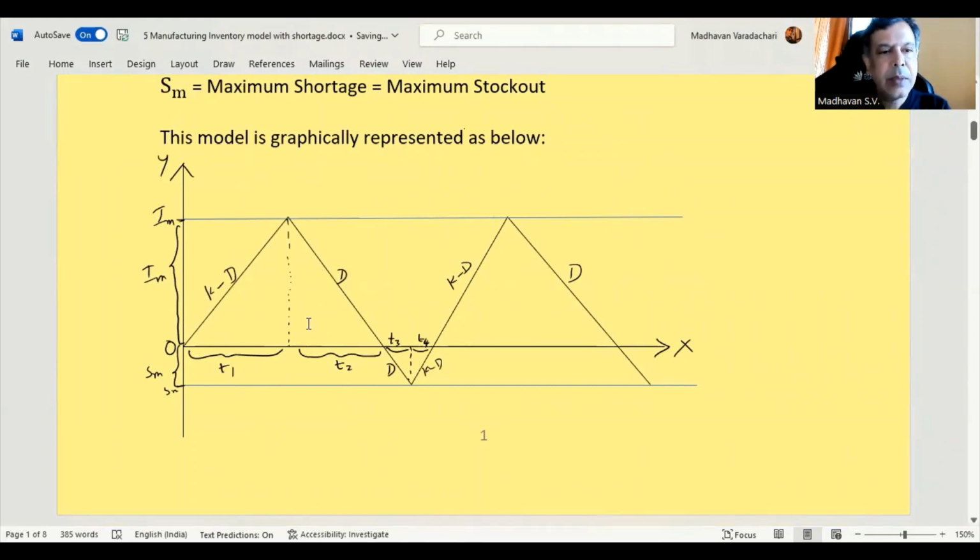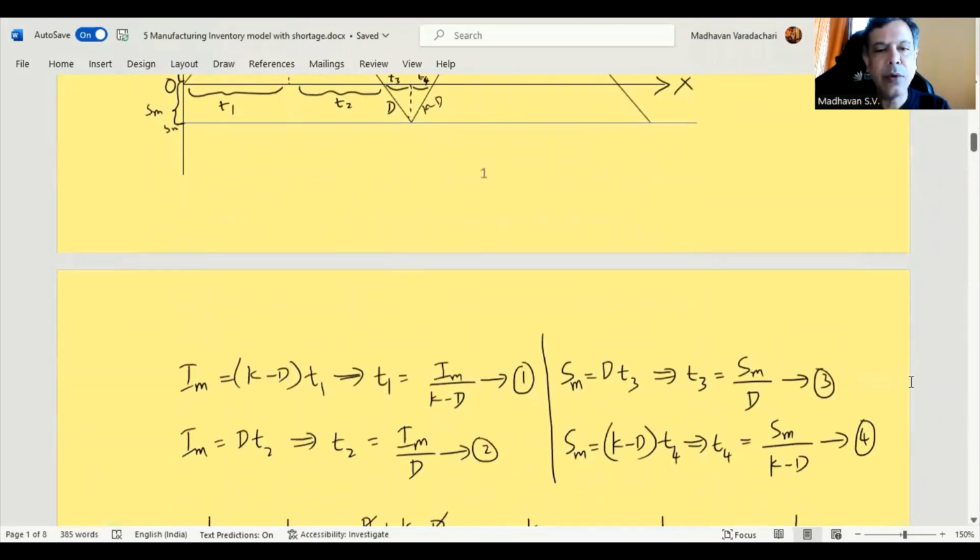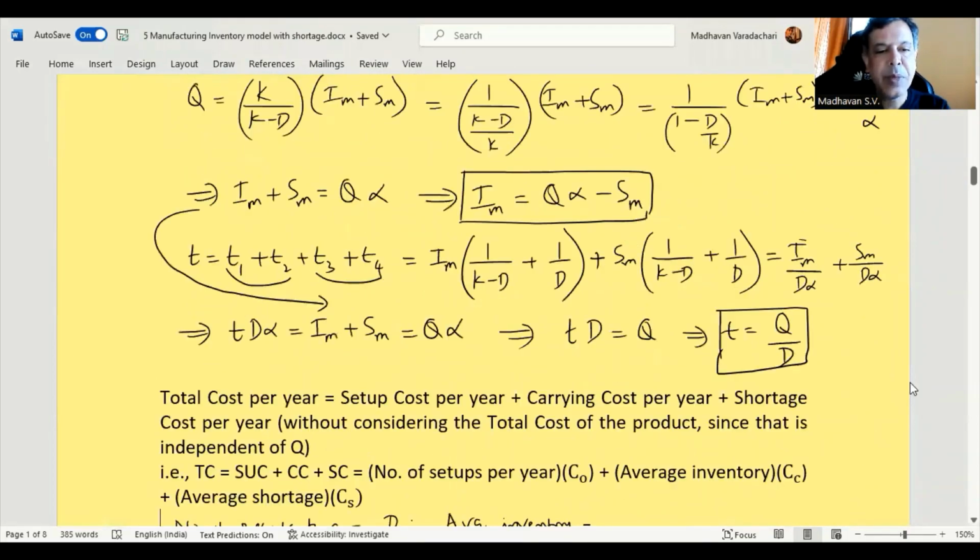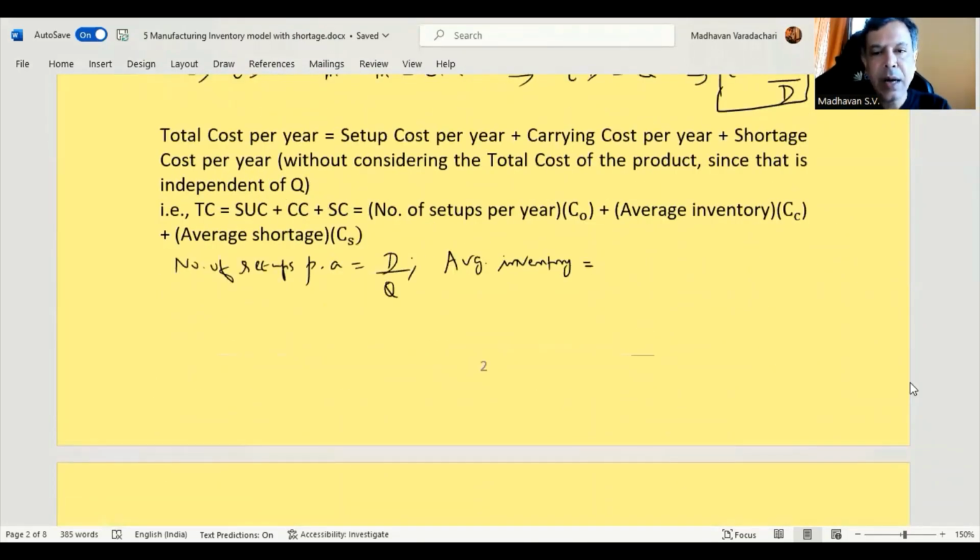So the area of this triangle for the entire period we have to calculate. Area of the triangle is the base, that is T1 plus T2, times height, which is IM. And this is for the whole cycle time T. So average inventory will be half times base times height: base is T1 plus T2, height is IM, for the entire cycle time T.